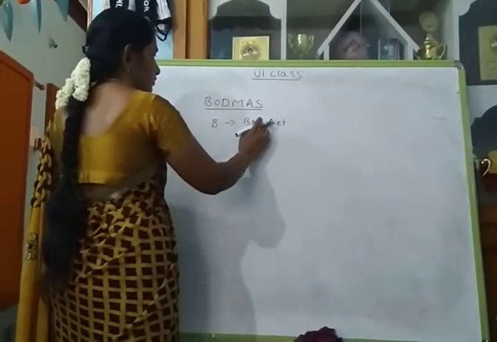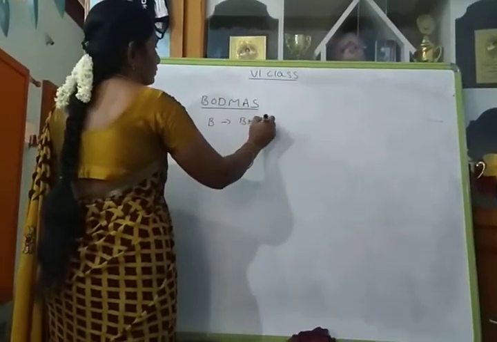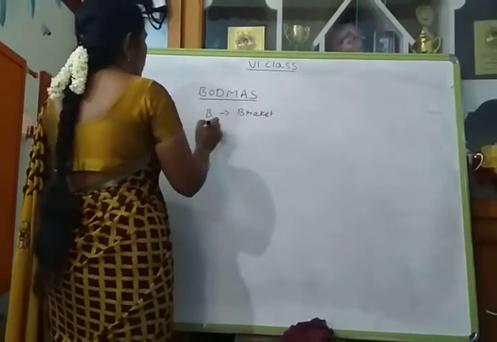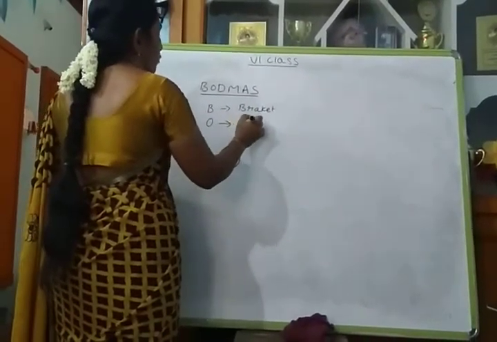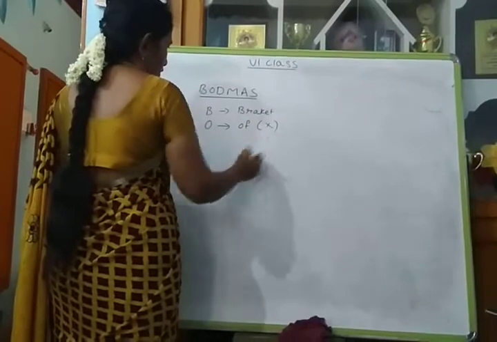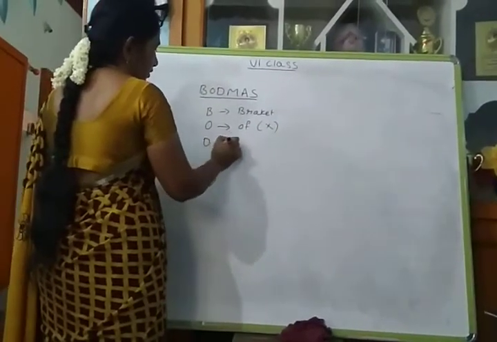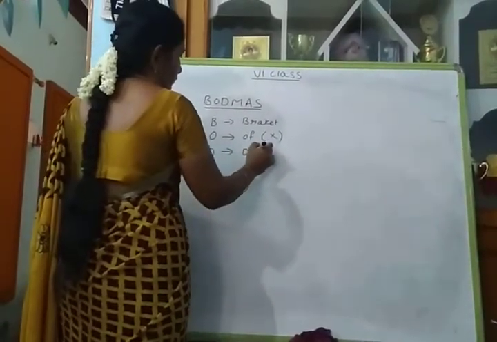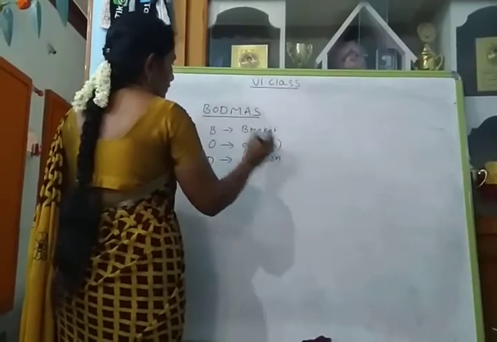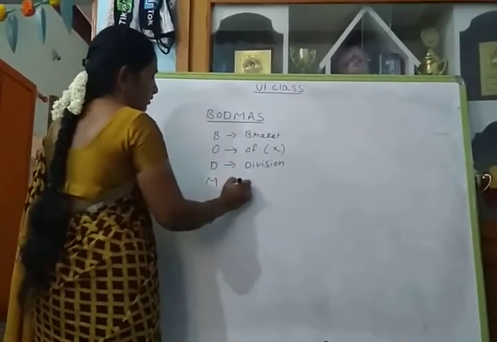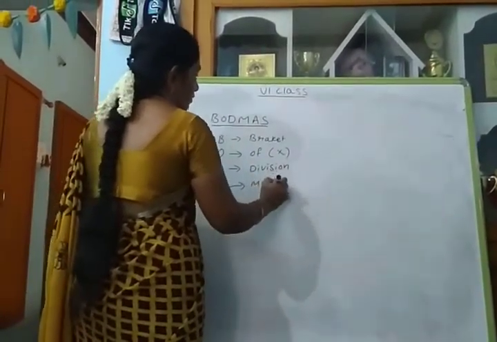Next, O means of, which means multiplication. D for division. Next, M for multiplication.